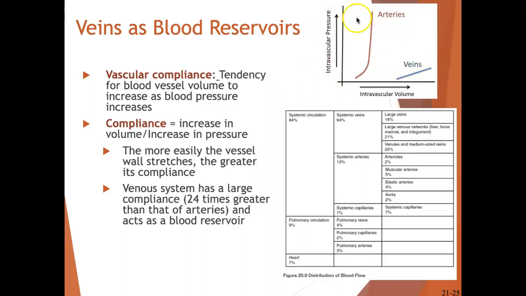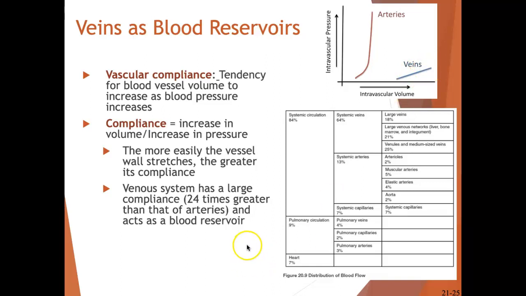So if we look at this graph over here, we can see here is our intravascular pressure, the pressure inside our arteries or veins, and here's intravascular volume, the amount of fluid that we contain within these vessels. So you could see with our arteries that we aren't able to contain a ton more volume, but we are able to increase pressure, whereas with our veins, we can keep that pressure low, but contain a lot more blood within that vessel.